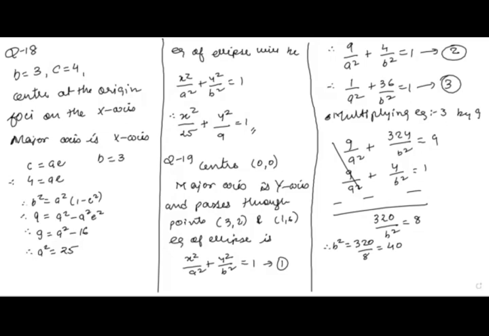Right. Now keeping this value of b square in any of these equations, I am keeping this in equation 2. 4 by 40 is equal to 1, implies I will have 9 by a square is equal to 1 minus 1 by 10.